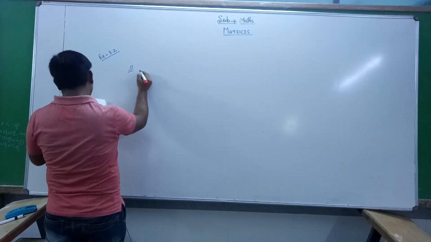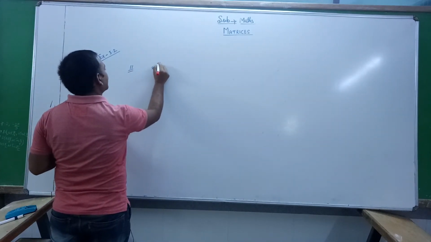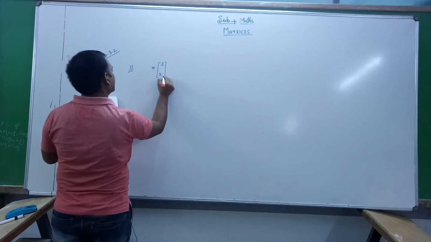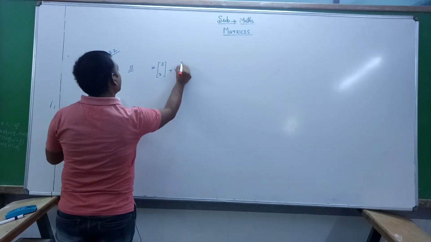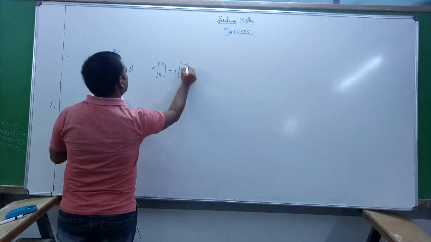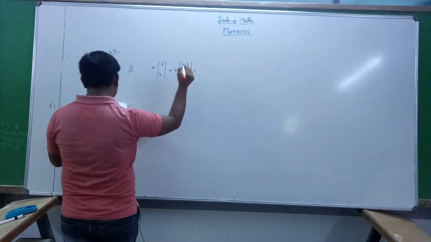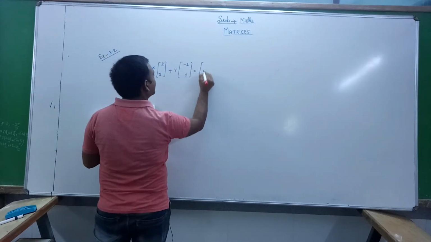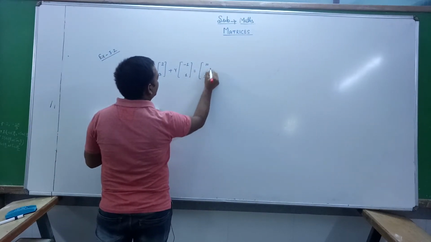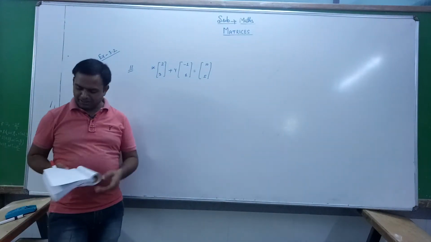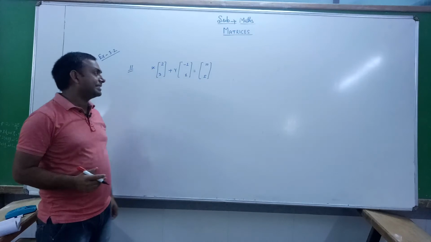Question number 11 is: x times the matrix with elements 2 and 3, plus y times the elements minus 1 and 1, is equal to the elements 10 and 5. Here you also find the value of x and y.